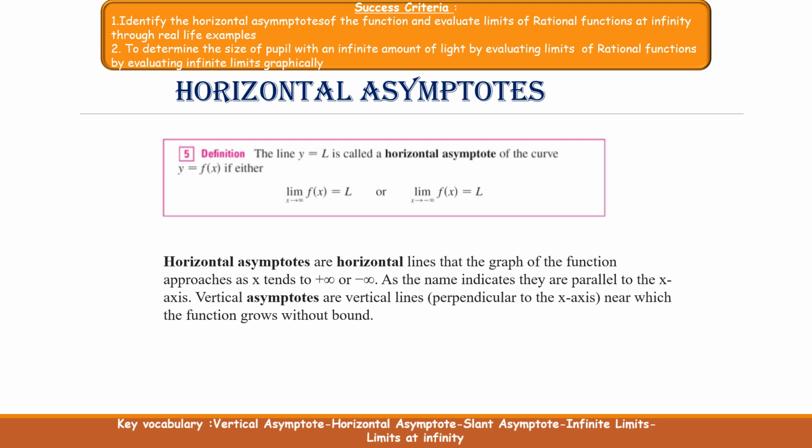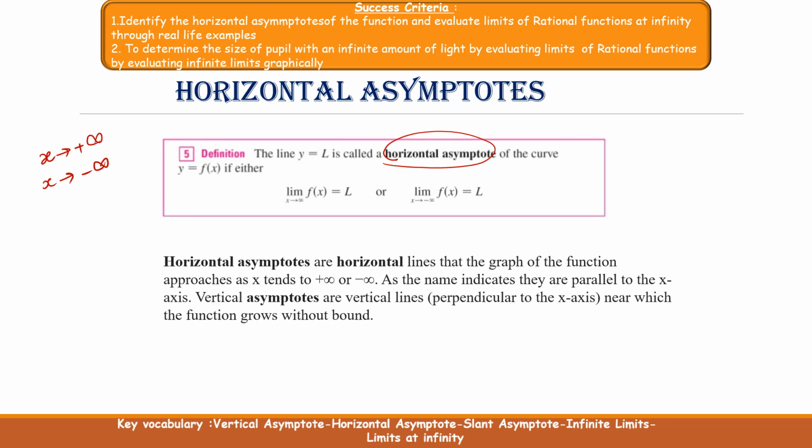What are horizontal asymptotes? Whenever we explain the behavior of any function when x is either increasing without bound or decreasing without bound, and we show this analytically by means of an equation, it indicates the horizontal asymptote, and these are said to be limits at infinity.